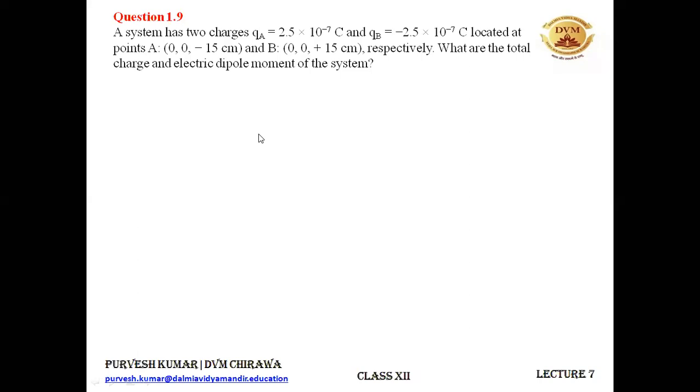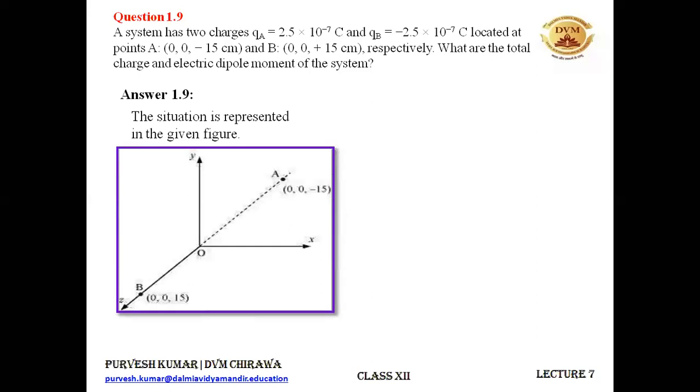So let's solve it out. The situation can be represented by this figure. At point A, one charge is present, that is 2.5 into 10 to the power minus 7 Coulomb. And at point B, one charge is present, that is minus 2.5 into 10 to the power minus 7 Coulomb. We need to find the total charge of the system.